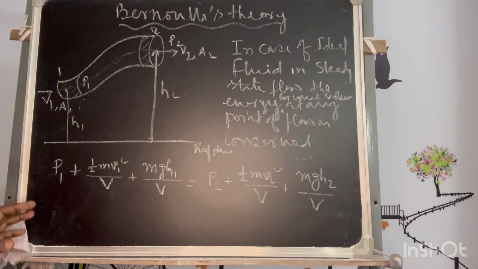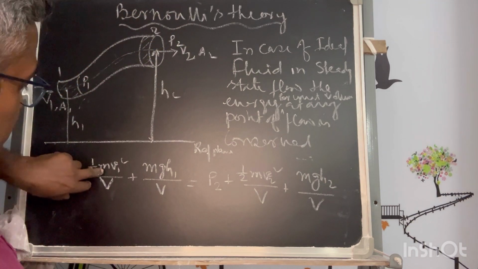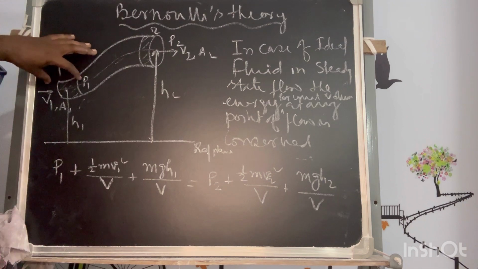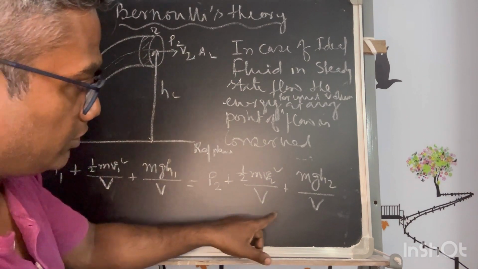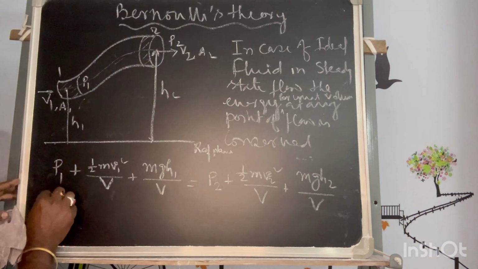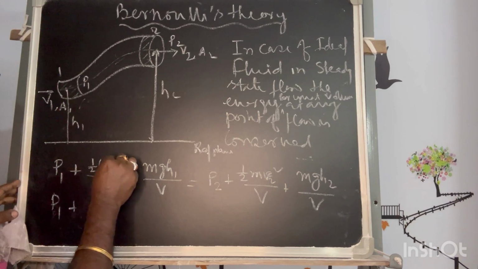Because this is an incompressible ideal fluid, if the mass is the same for a particular point, the volume also will not change, as the density is constant. So I am taking all the volumes the same. It will convert into the pressure energy P plus m by V, which is your density.